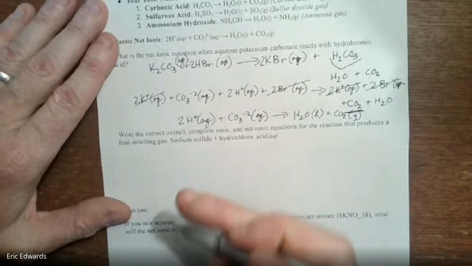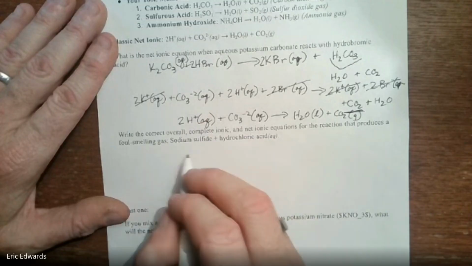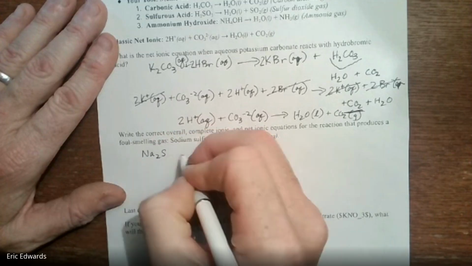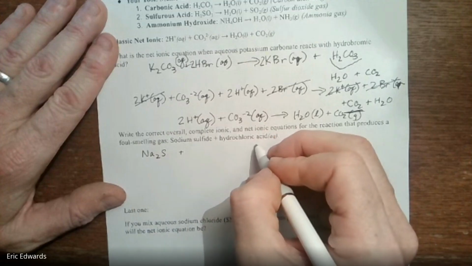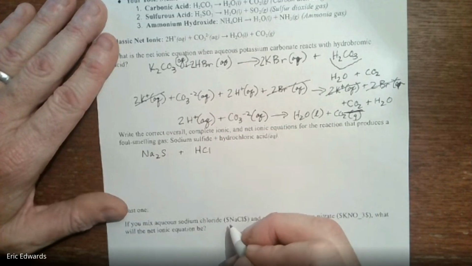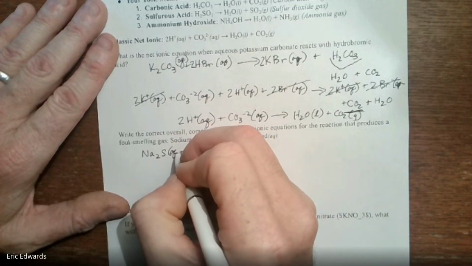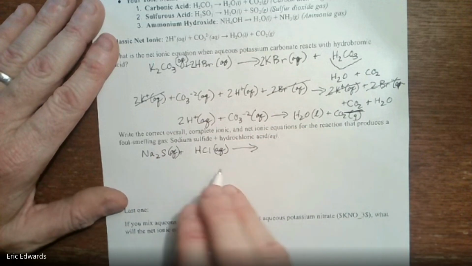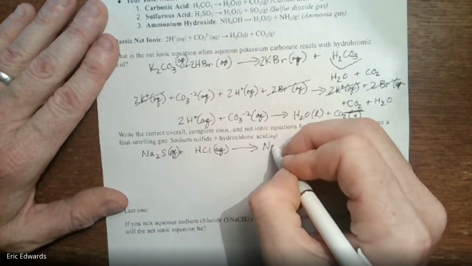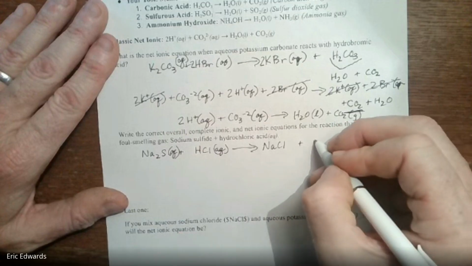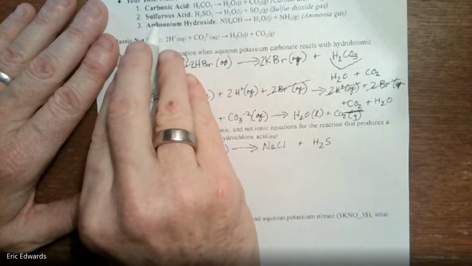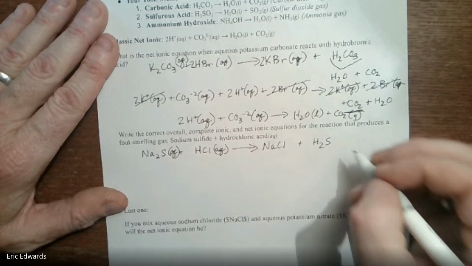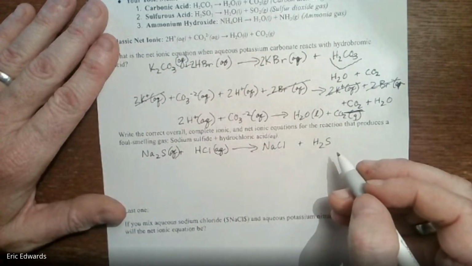The last one is going to be the overall reaction for sodium sulfide. Sodium sulfide is Na2S plus hydrochloric acid, which is HCl. And both of those are aqueous, so we're going to keep writing aqueous. And then what we're going to get from this is NaCl, which is the salt, plus H2S, which is going to come from this.